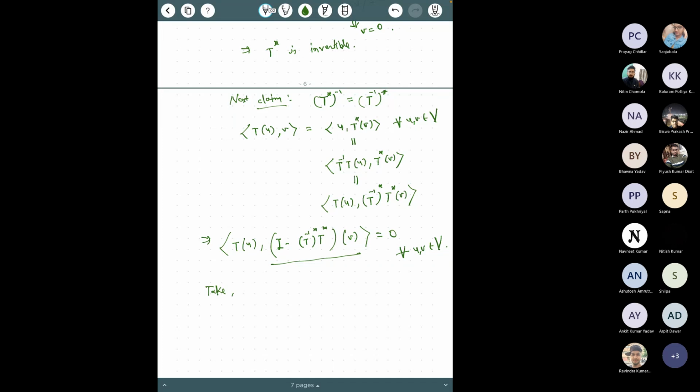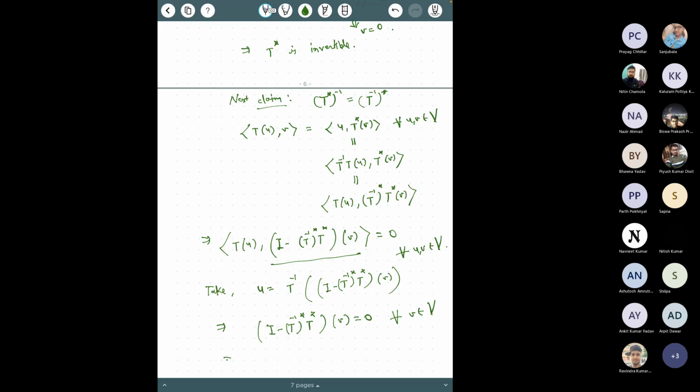T inverse. T inverse, I minus... Yeah. So you are saying the pre-image of this quantity, right? Yes, this is fine. So you just take u as the pre-image of the second component in the inner product, that means I minus T inverse star T star of v. If you do this, then you can say that I minus T inverse star T star of v is 0, and this is true for all v.